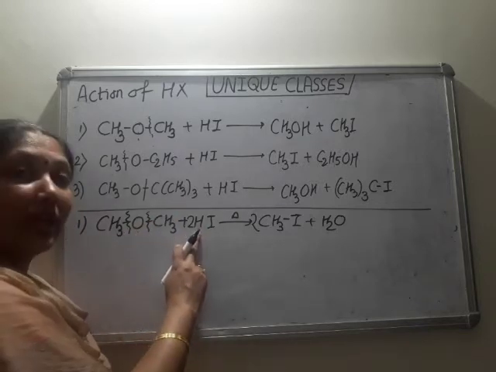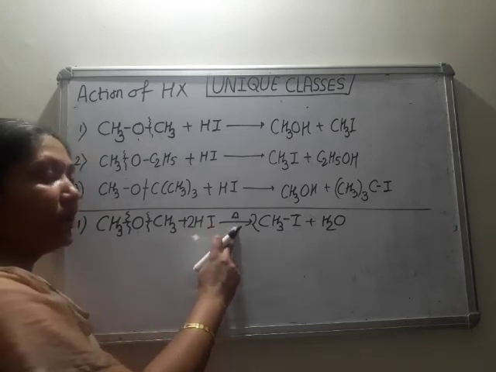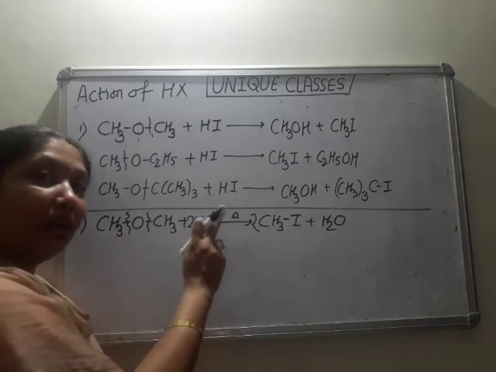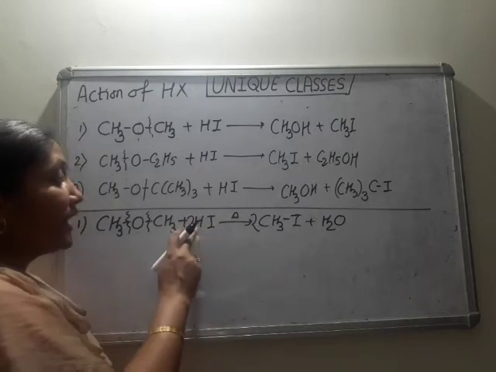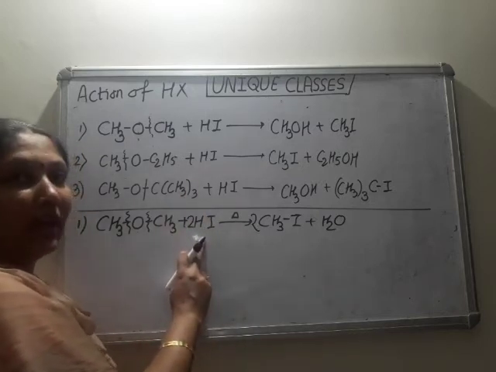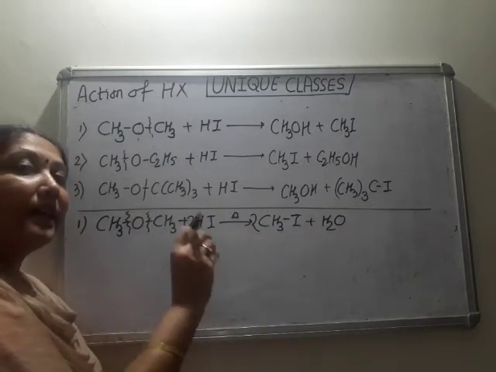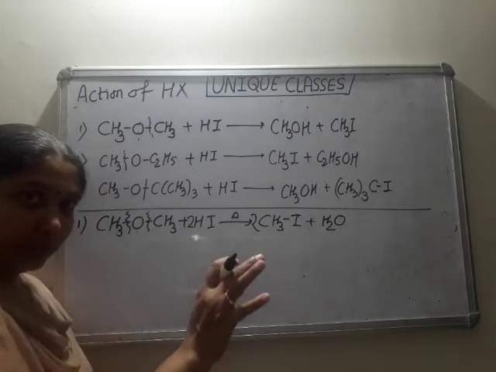So 2 HI means excess HI is used in the reaction. So the reaction takes place at higher temperature. So excess HI means remember it's hot HI and we have to write both products as alkyl halide.